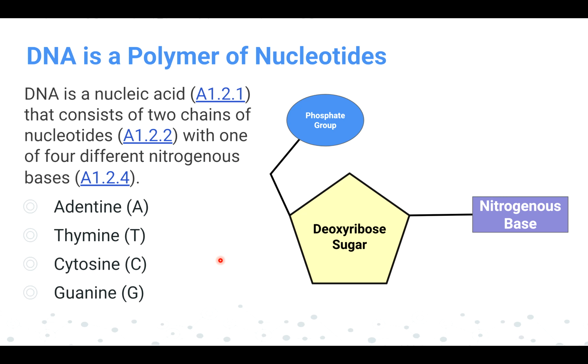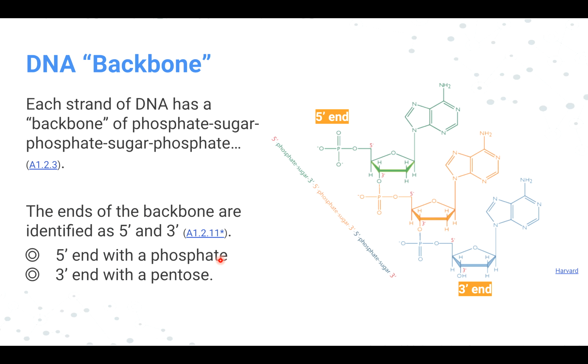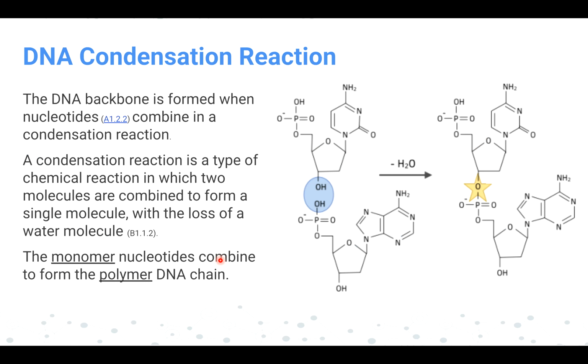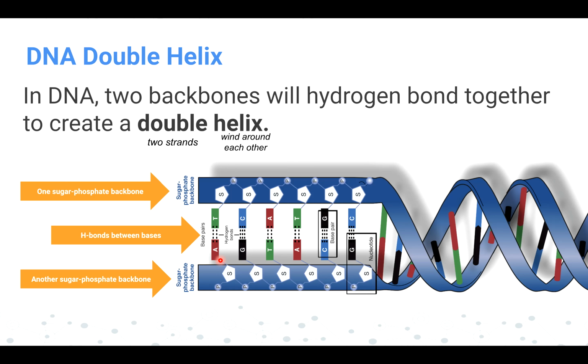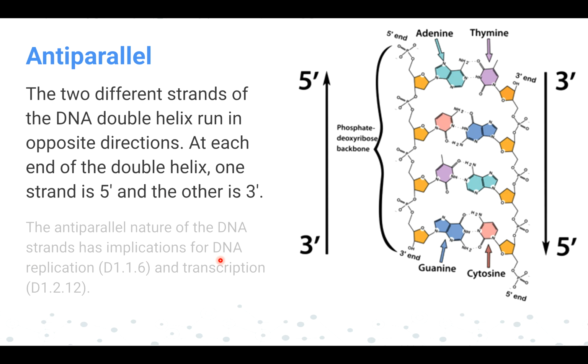These are the bases, we know it. These are the backbone, we know it. By the process of condensation, these polymers are joined, right? And they form a backbone. Helices are formed like this. The anti-parallel nature means this, as we have discussed.